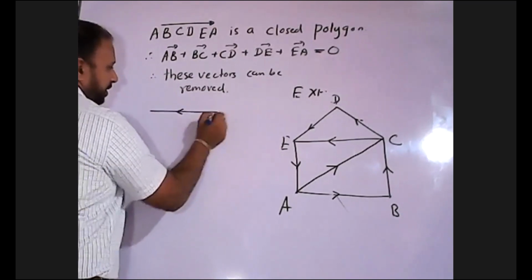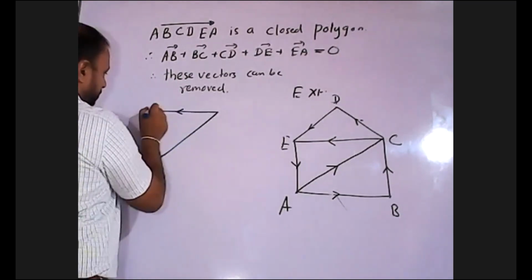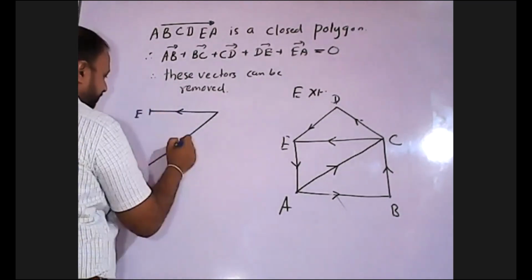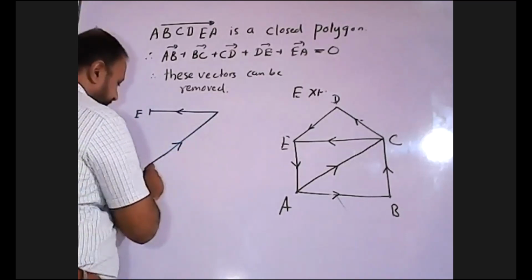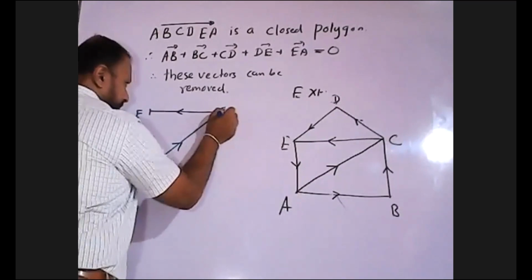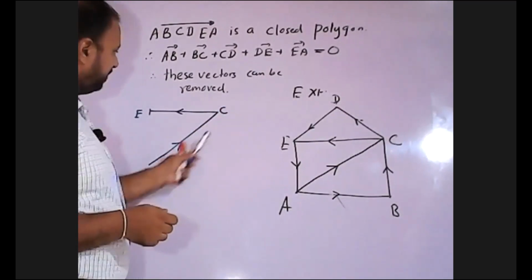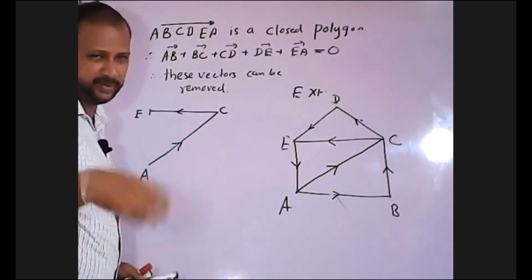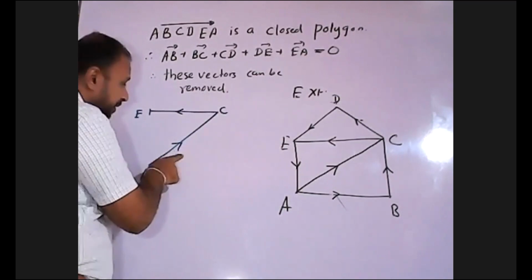Then there is this kind of vector system. This is E, this is A. If you apply the vector triangle principle, or vector addition principle, look at this.